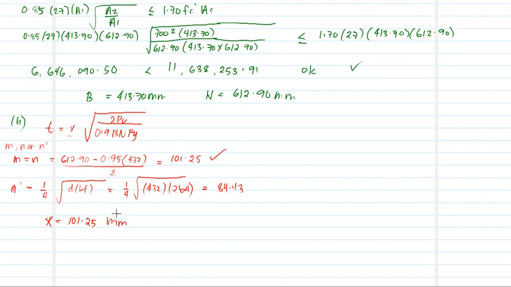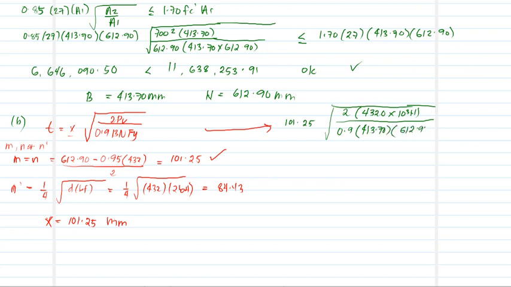So, substituting now our value here in our equation, substitute natin since nakuha na natin lahat ng value. Yung X natin is 101.25, the square root of 2. Our PU now is 4320 raised to 3 para in Newton tayo over 0.9 P 413.70 and 612.90 and yung Fy natin which is equal to yung 836, ang Fy ng 836 is 248 MPa.